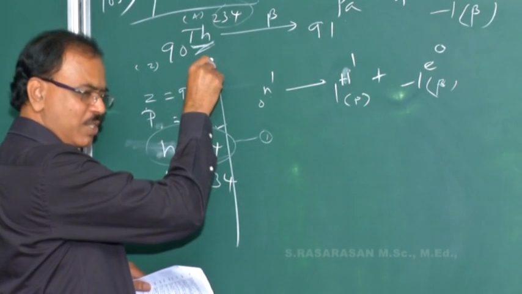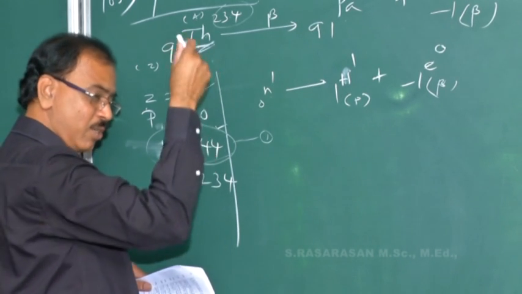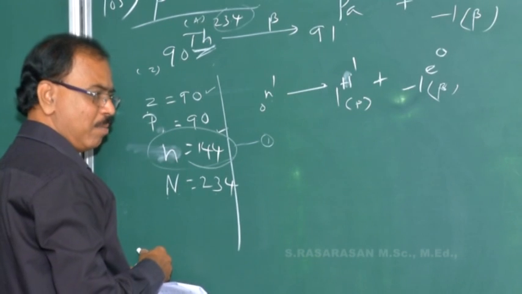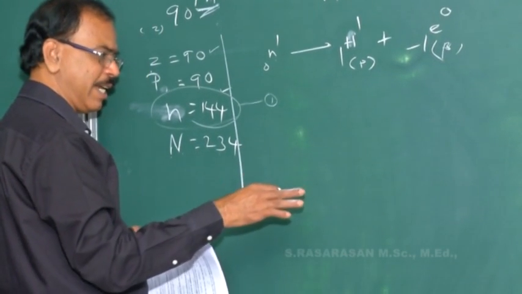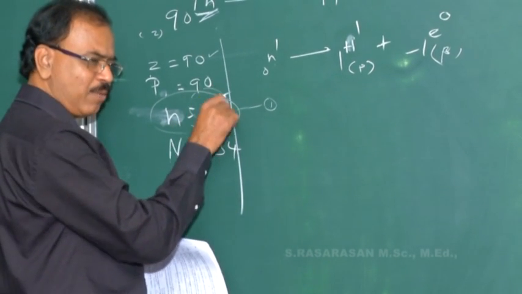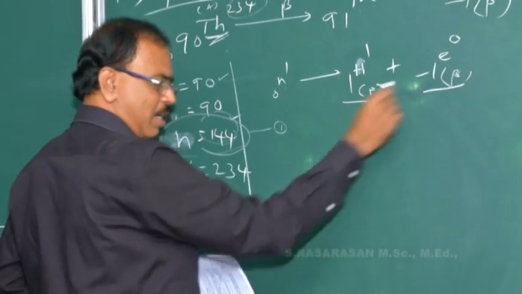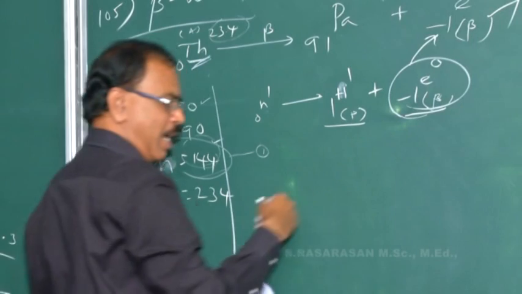Since this nucleus is unstable, trying to attain stable state by disintegrating. How is this one attaining the stable state by disintegrating? Of the 144 neutrons, one neutron is converted into a proton and one electron. This electron is released by the name of beta.